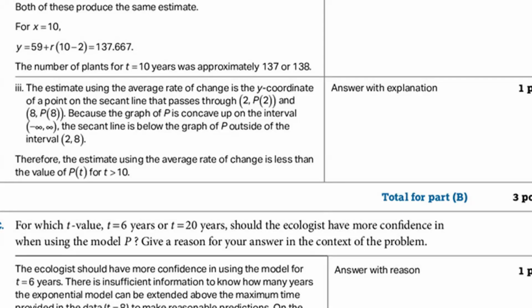Then it's going to ask how you would estimate the average change is less than the value of P of T. Just literally throw some words in there about concavity, the interval, and the secant, and you should get some kind of points out of it. But it's asking you to describe how you would approximate. So this is where using our words, complete sentences, comes into play.